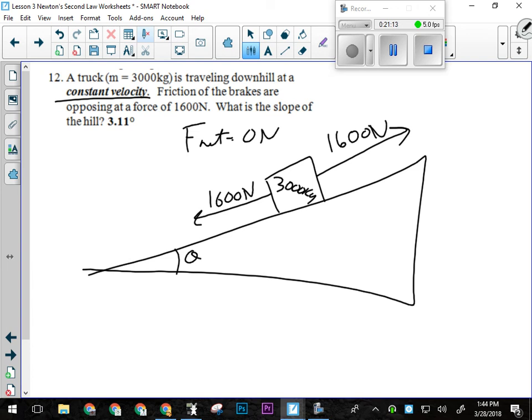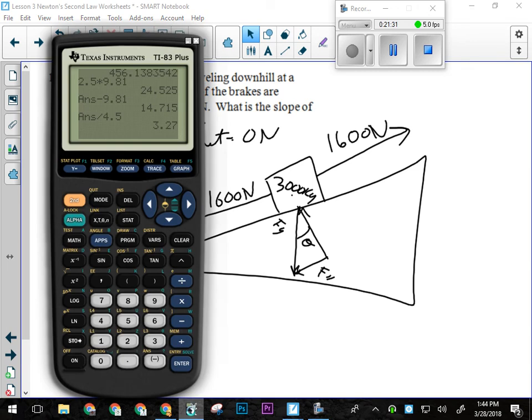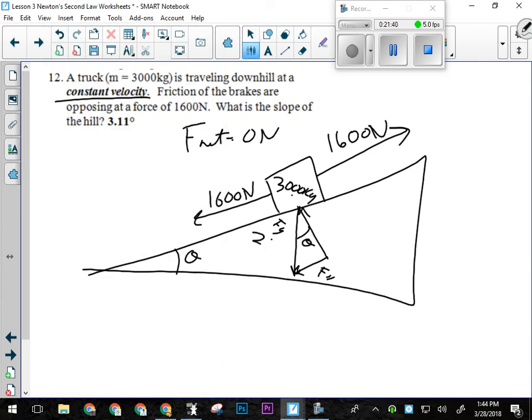Once I know that, I can use the internal triangle here to get the angle of the ramp. Because I know F parallel is 1,600, and I know the mass, I can calculate the force of gravity, and then it's just a matter of finding theta using trig. So Fg is 3,000 times 9.81, which is 29,430.